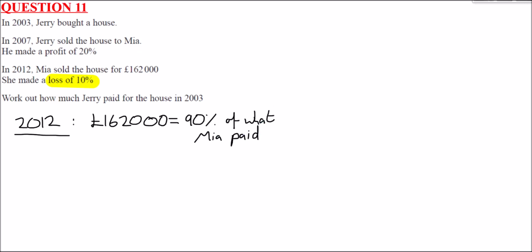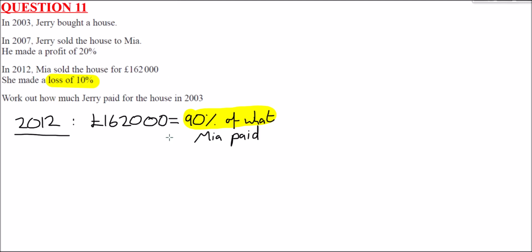Remember, before anything happens to an amount, you always start with 100% of its original self. So if it's a 10% loss, that's 90% of the original. So obviously she paid more than £162,000 for it. So now what we can do is we can build to find out what 100% was, what she paid.